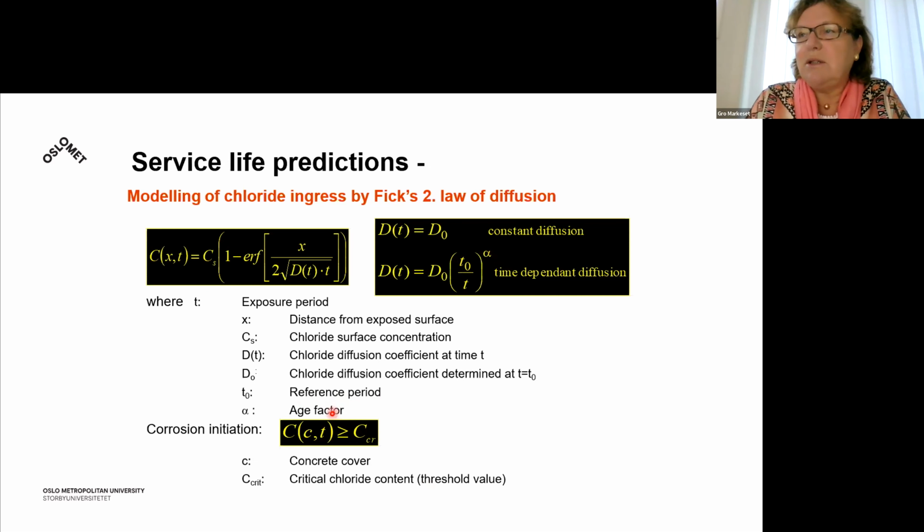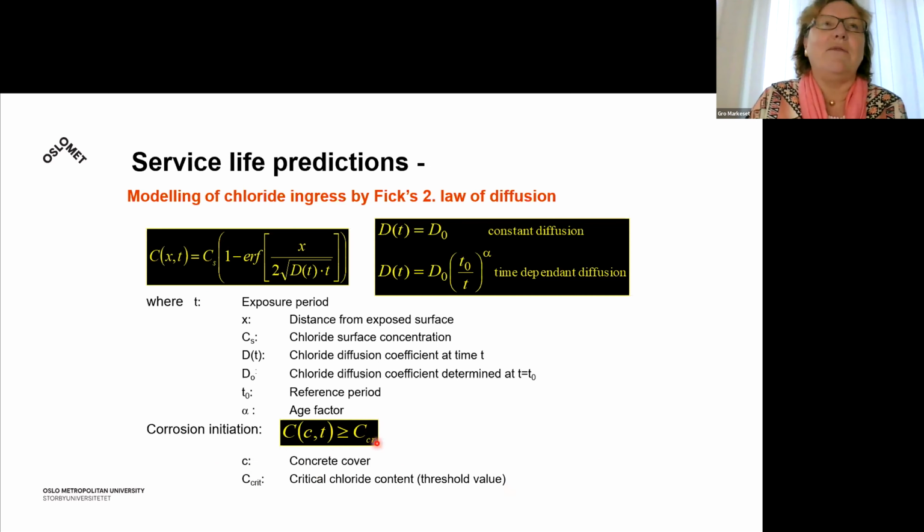I will not go too much into it, but there was a discussion of this parameter. Is it the same through all the years, or is it decreasing? And then we have the limit for corrosion initiation, where we reach the critical chloride content. What we are talking about here is that we need reliable values. So we can say, here's the end of the service life, or here's the end of the life before we start having corrosion of the reinforcement.